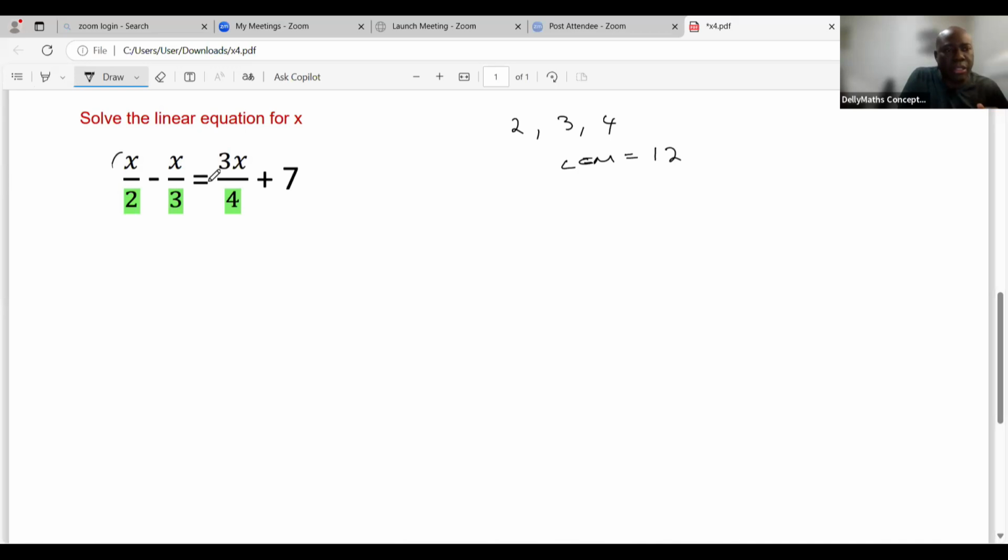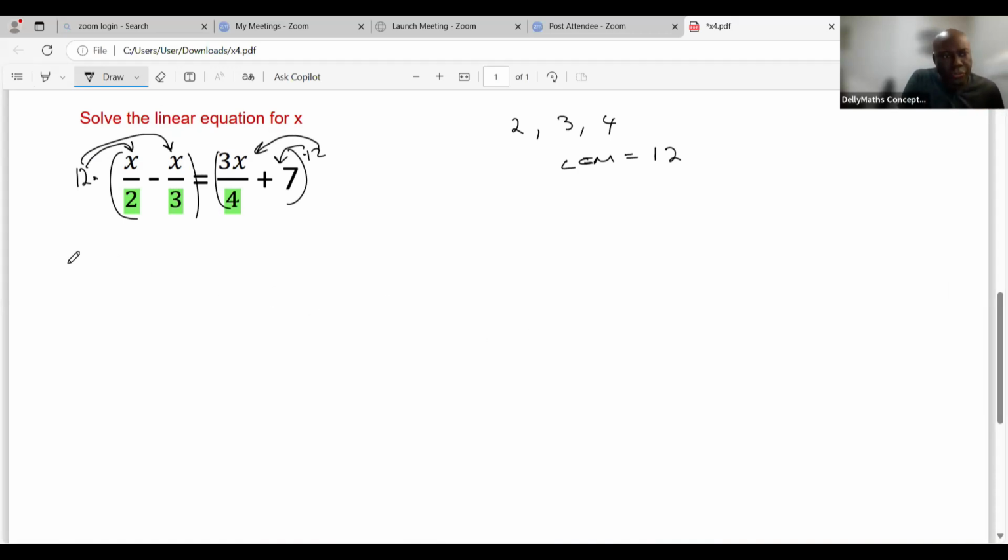So this means I'm going to multiply the left side by 12, and I'm going to multiply the right side by 12. Let us distribute these inside. I'm going to distribute this 12 here and then there, and distribute this 12 here and here as well.